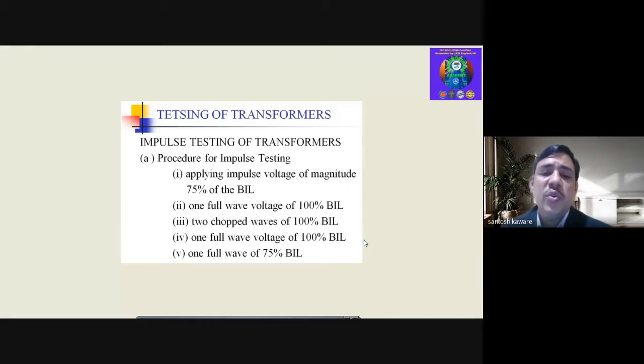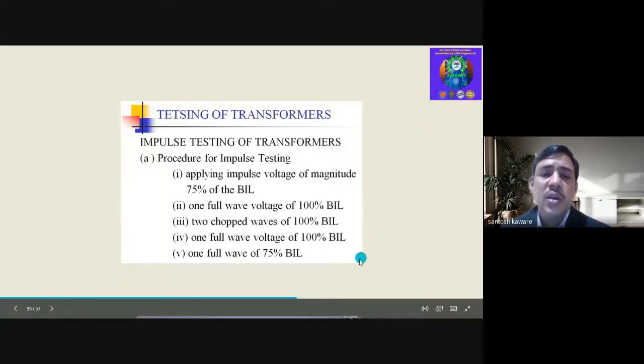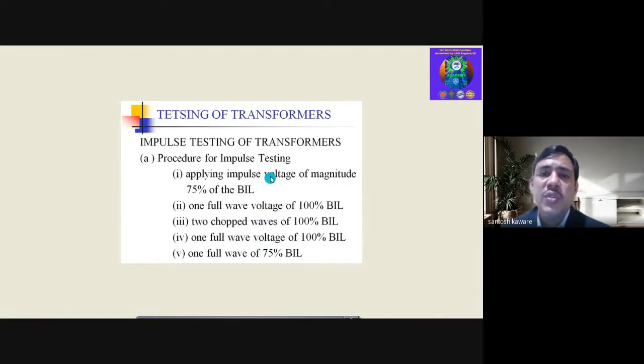Then one full wave voltage with 100% BIL, and one full wave at 75% basic insulation level. In this way, with different voltage magnitudes, they carry out this impulse test, so that we can ensure the insulation level can withstand any impulse to any extent.